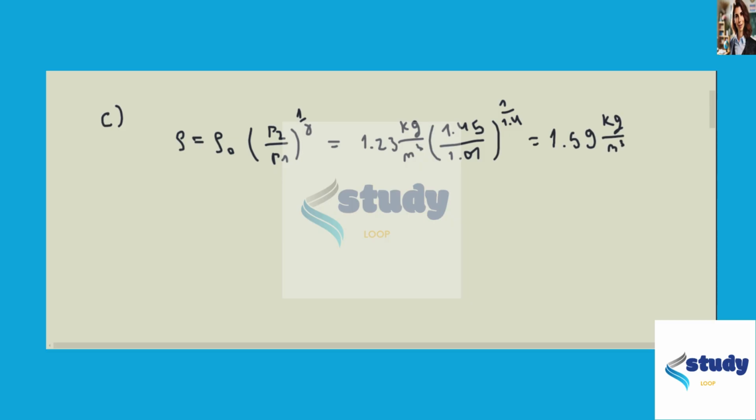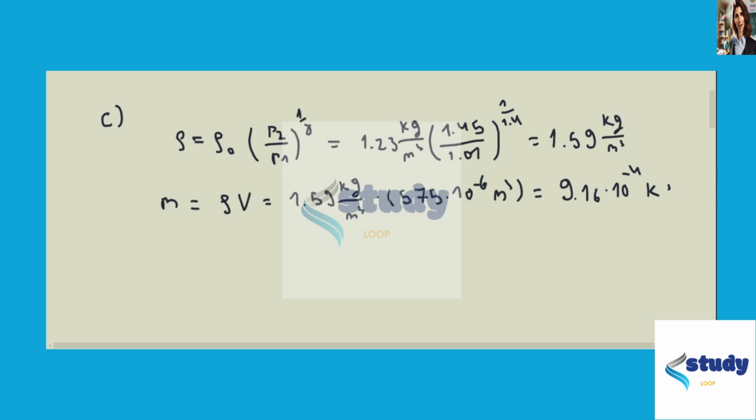So when this compression happens, the density clearly increases. Now the mass corresponding to this density is equal to, of course, rho times the volume, which equals 1.59 kilograms per meter cubed times 575 times 10 to the minus 6 meters cubed, and this equals 9.16 times 10 to the minus 4 kilograms.